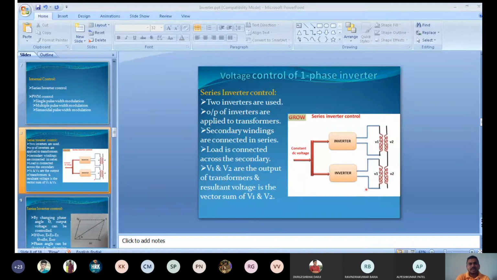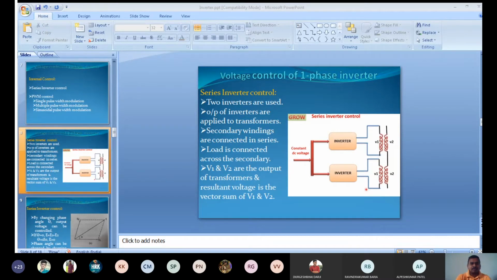These PWM control methods are of three types: single pulse width modulation, multiple pulse width modulation, and sinusoidal pulse width modulation. Now we discuss one by one. First is the single pulse width modulation.